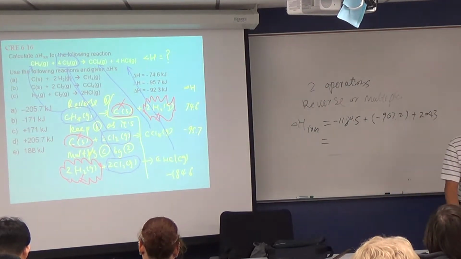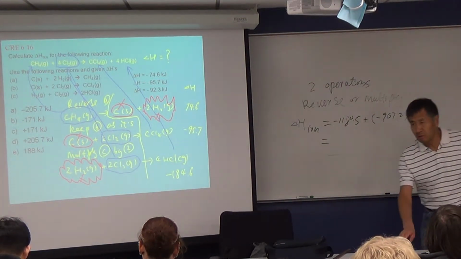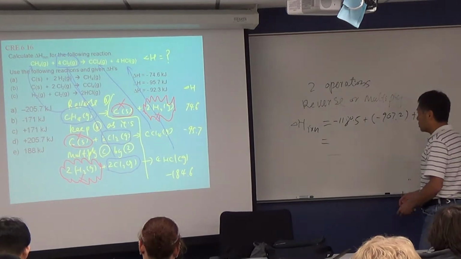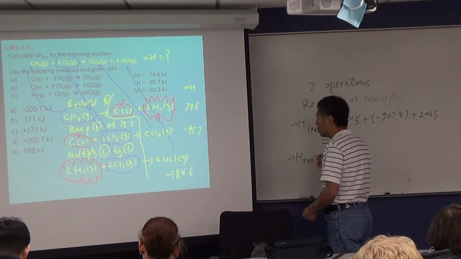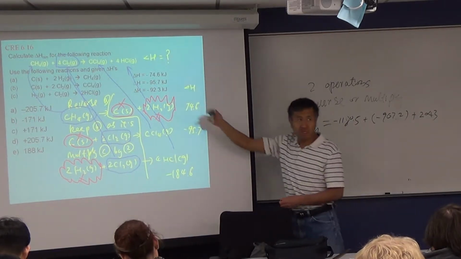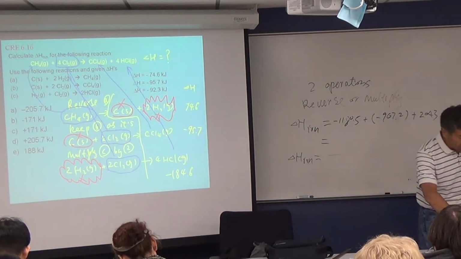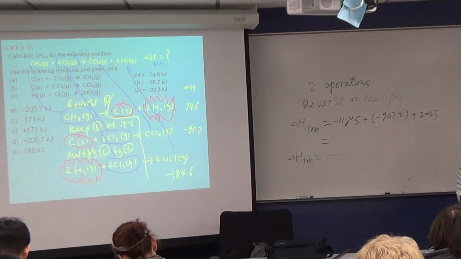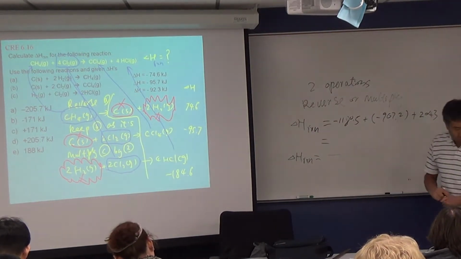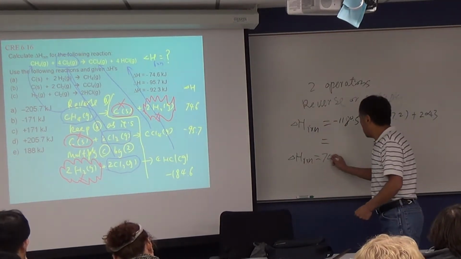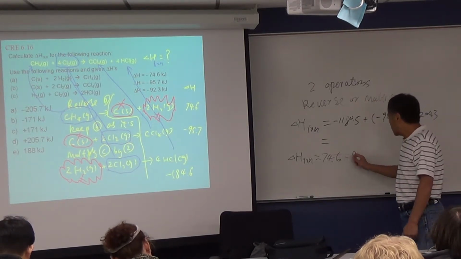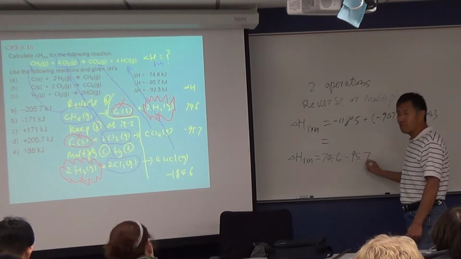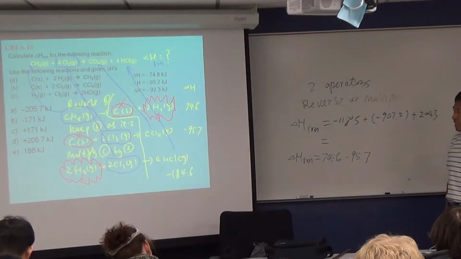Once you verify that, your delta H will work with these three numbers. Adding them together, we call that delta H reaction. It equals 74.6 minus 95.7, and then what else?